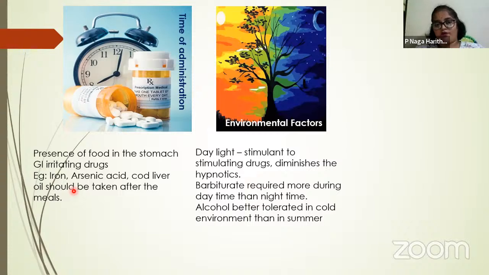For those types of drugs, the absorption will be maximum during the daylight. At the same time, if you give those drugs which are highly stimulant during the night time, they won't work properly. Okay, because the darkness or the light is going to produce a component called melatonin.